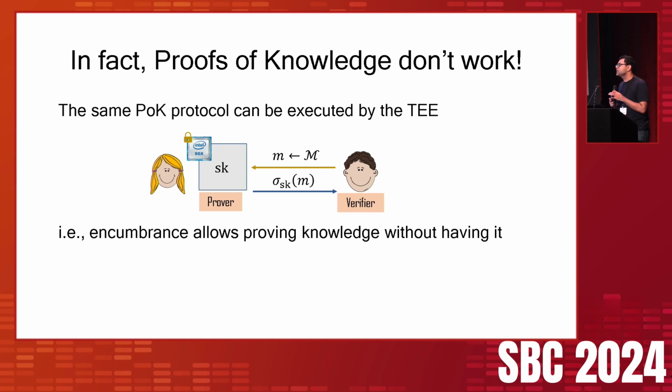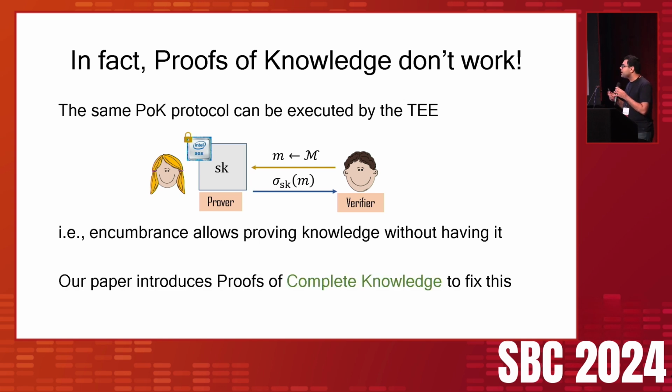In some sense, the motivation of this talk is that encumbrance allows you to prove knowledge without actually owning or knowing the secret key. And our paper introduces what we call proofs of complete knowledge, which will show unencumbered, complete access to ownership of the key.